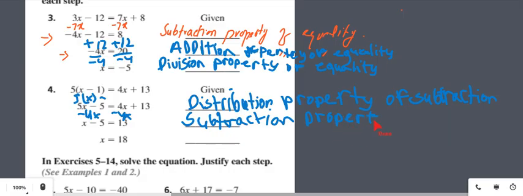So it is the subtraction property of equality. Okay. They add 5 to both sides. So the addition property of equality.